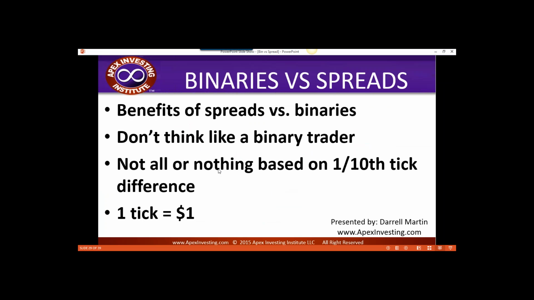It's not about 1 tick or 1/10 of a tick determining whether or not it's a win or loss. Just each tick is $1. So it's a completely different product, completely different instrument than a binary. 1 tick is $1. Okay.